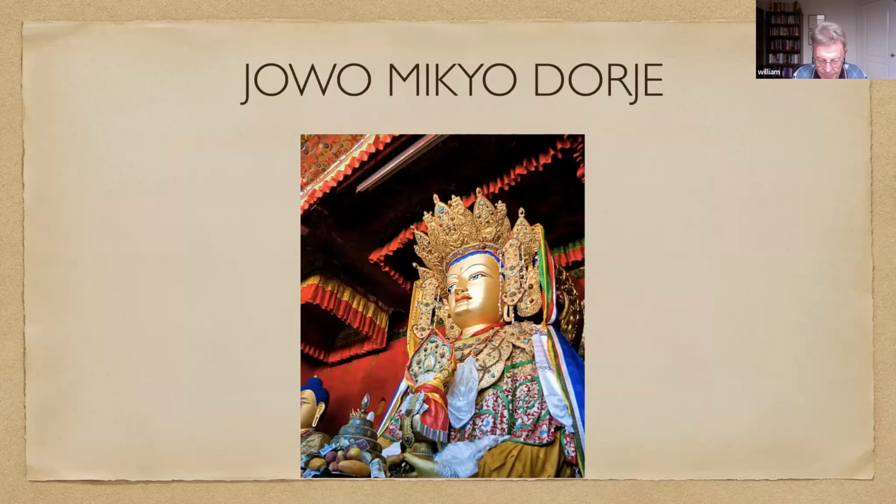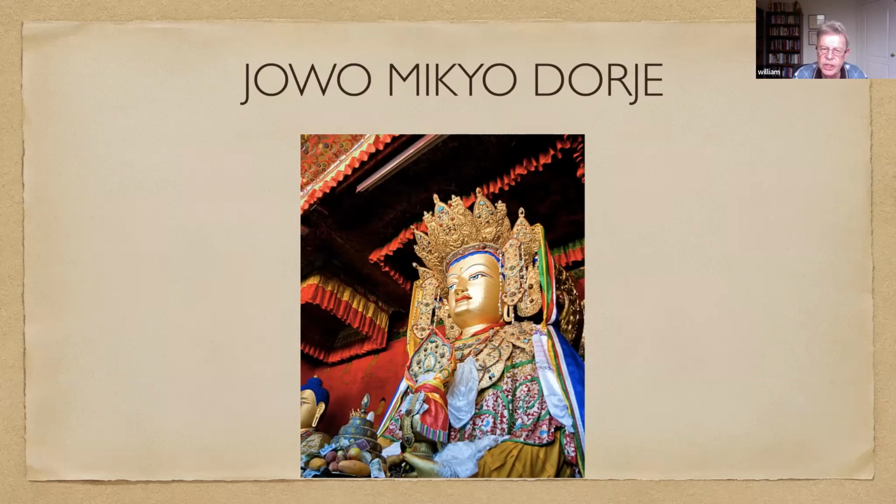Now, what makes this monastery very famous is this statue known as the Jowo Mikyo Dorje. It was said to have been brought to Tibet as part of the dowry. Do you remember when we mentioned the Nepali princess who brought Buddhism perhaps to Tibet?